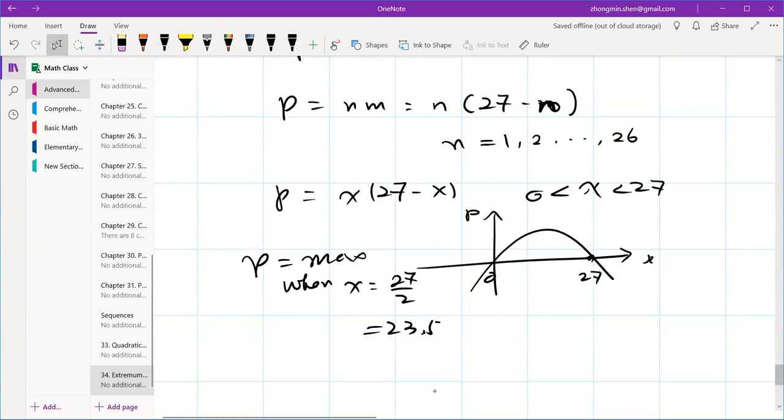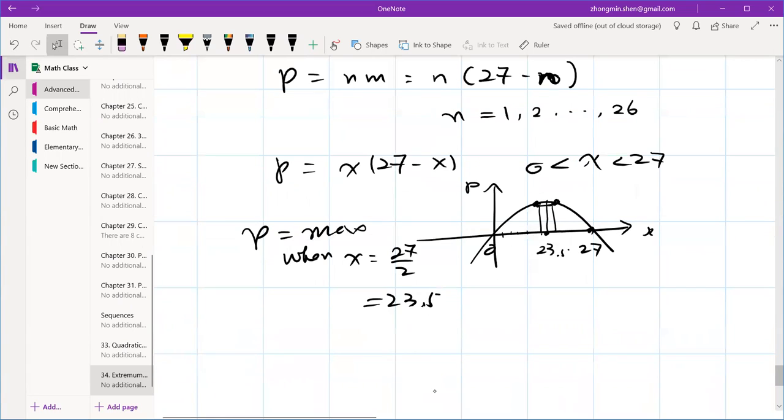That means N only takes integer values. So here is 13.5, but nearby 13.5 you have two numbers, 13 and 14. If you only consider integer values, then the maximum value of P will be at the integers nearby 13.5.